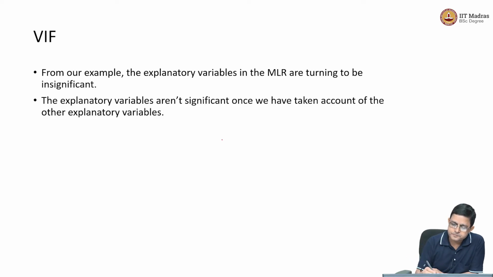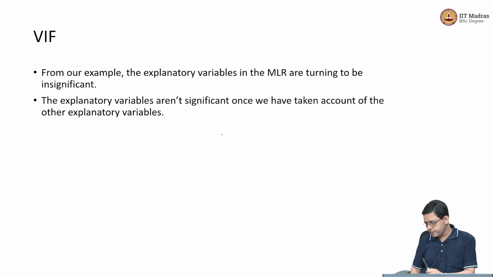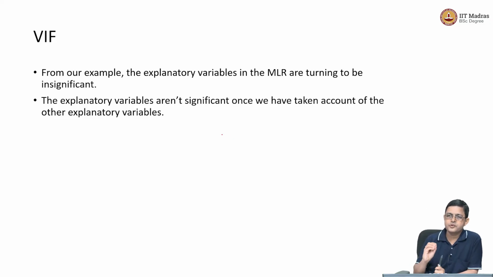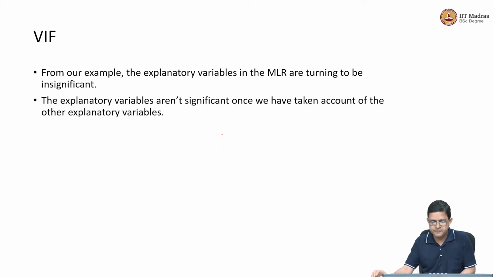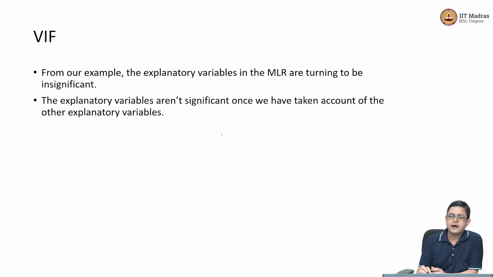So what does this partial slope convey? Partial slope conveys the unique variation explained by that particular explanatory variable. Remember the definition of partial slope: it was the impact of this explanatory variable on the response variable, keeping all the other explanatory variables constant.